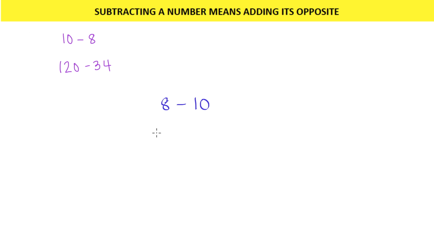Or what about negative 8 minus 10? Now you have a negative number. Or 10 minus negative 8. Again, you have a negative number, but it comes second. In this video, we will learn how to do subtraction in any situation, including for cases like these.